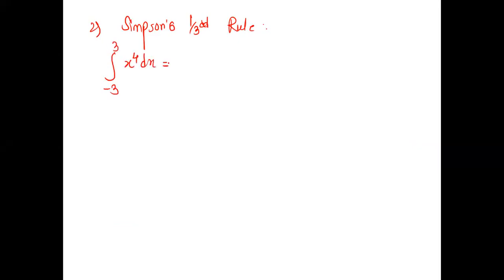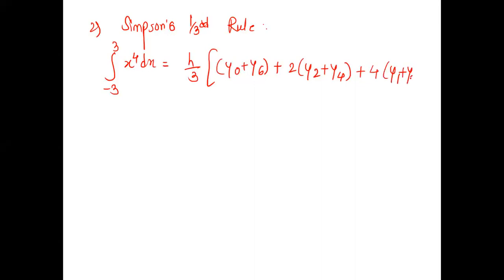Tell me the formula, please. h by 3 into, correct, h by 3 into y0 plus y6, correct, plus 2 into y2 plus y4, correct, plus 4 into y1, y3 and y5.